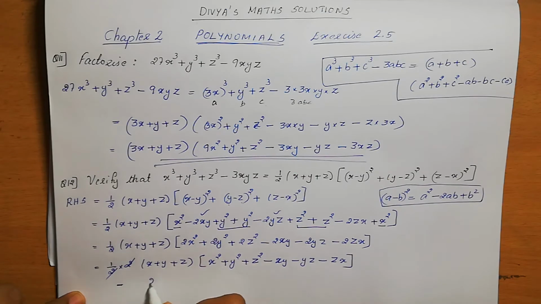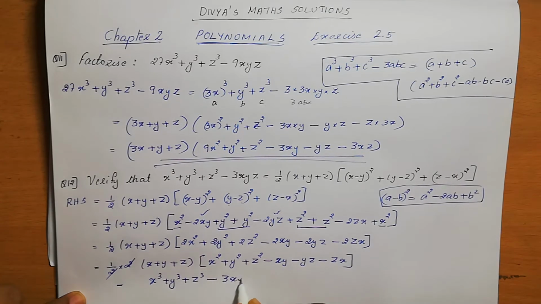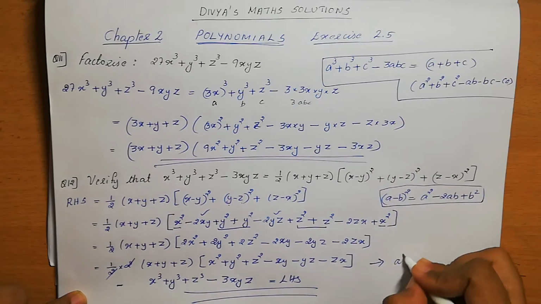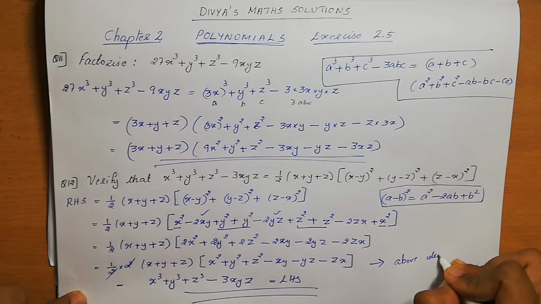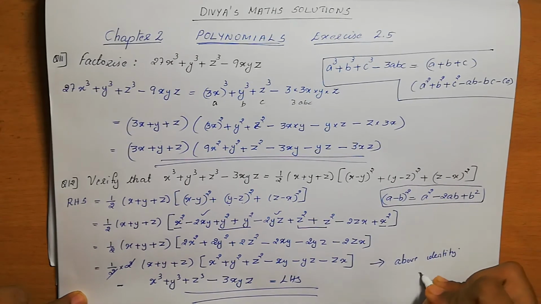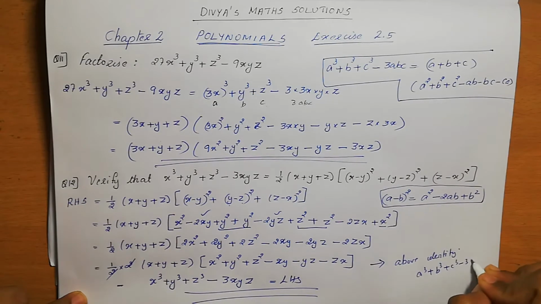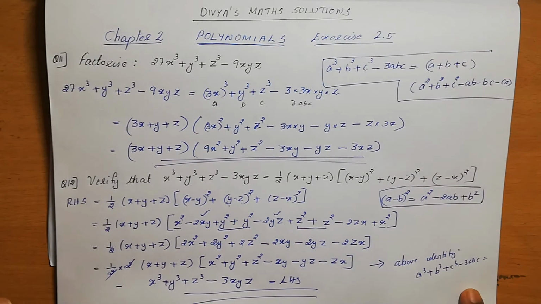That means x cube plus y cube plus z cube minus 3xyz. That is equal to the LHS. Here we are using the above identity, a cube plus b cube plus c cube minus 3abc.